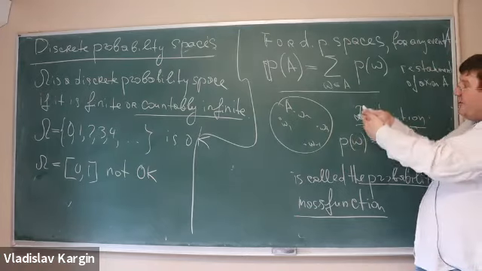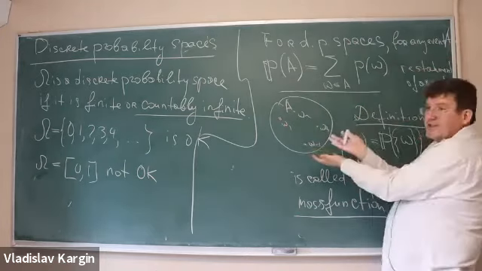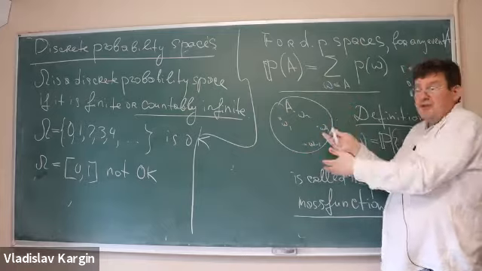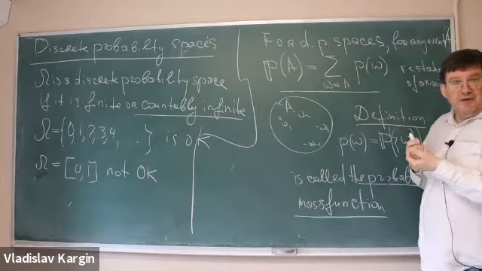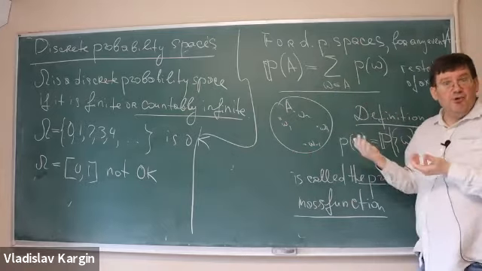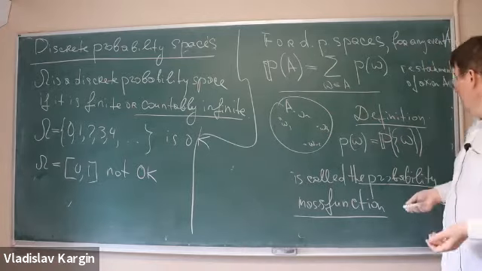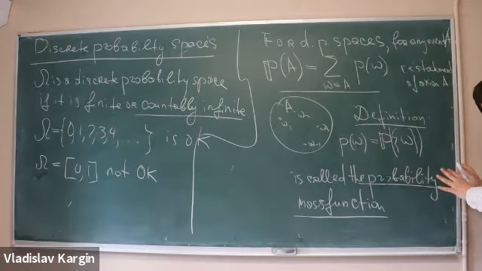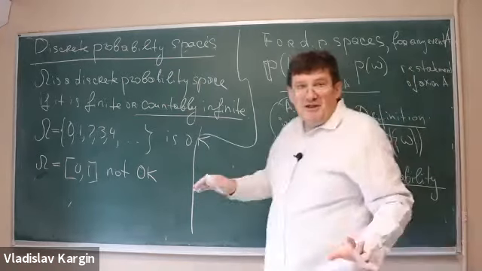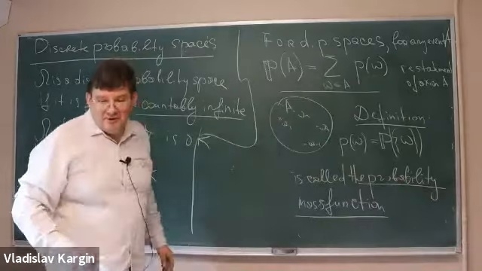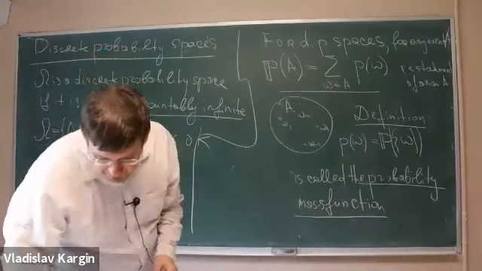If you want to figure out the probability of a particular event, you just sum together the probabilities of each point in this set. When we talk about discrete variables, it will be something like that, just a specialization of these things.